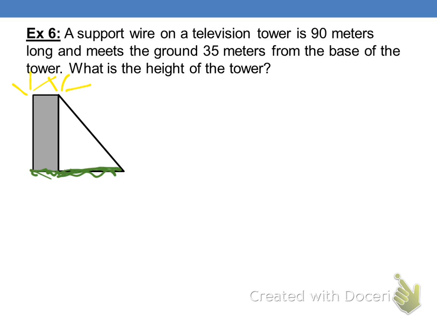All right. So anyway, that wire is 90 meters. So label the wire 90. And the distance from the ground where the tower is to where the wire is, that's the 35. We want to know the height of the tower. Well, oh my gosh, it's a right triangle.